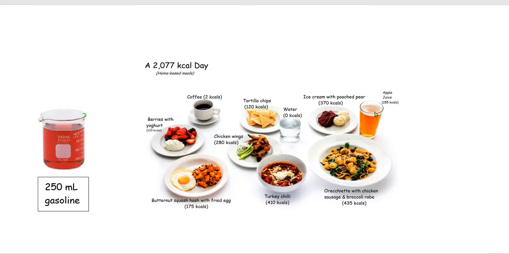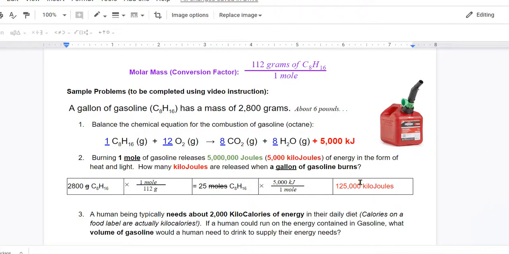And instead we have the pleasure, but sometimes the curse, of saying, no, we need a lot of different kinds of food in our diet. These are things that give us, as humans, energy. The gasoline, we can't use that energy. Another way of looking at it is to say a gallon of gasoline could feed a person for 16 days.